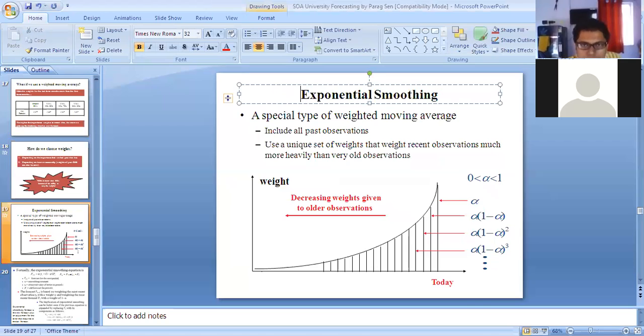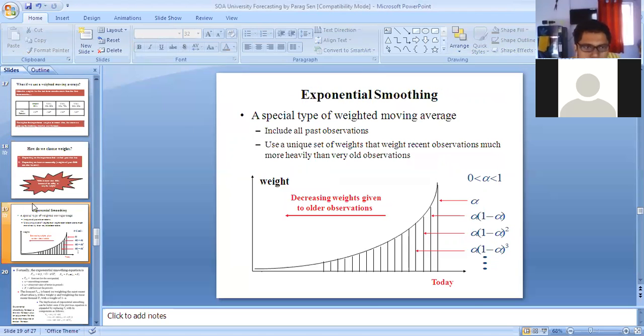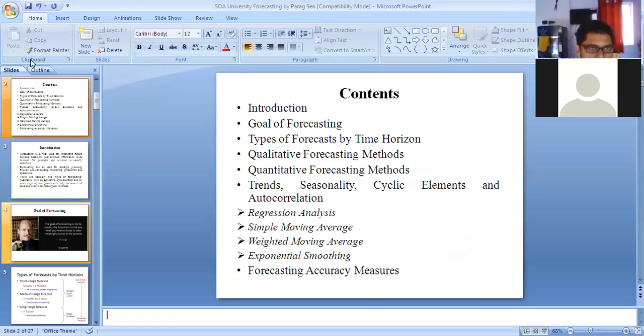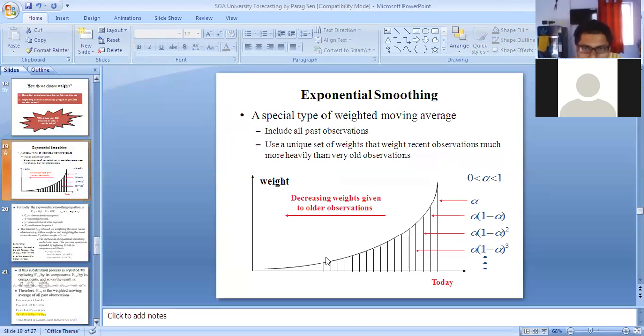In case of exponential smoothing, you have seen we have previously discussed the weighted moving average method, and exponential smoothing is actually a special type of weighted moving average method.